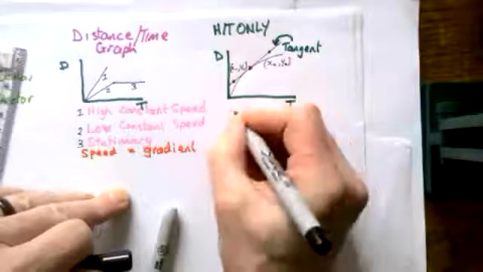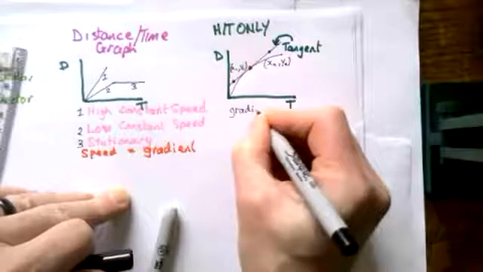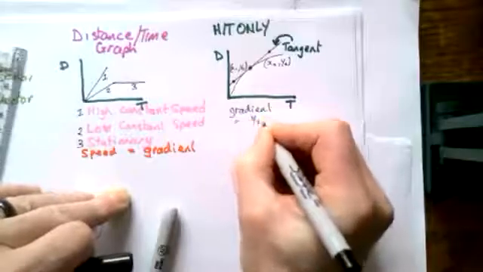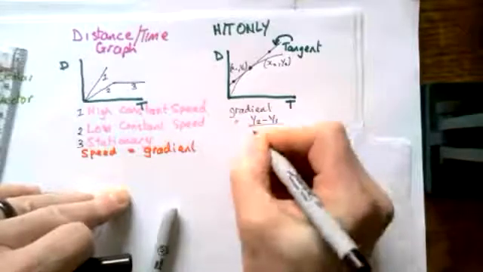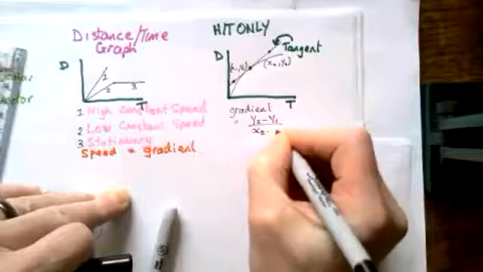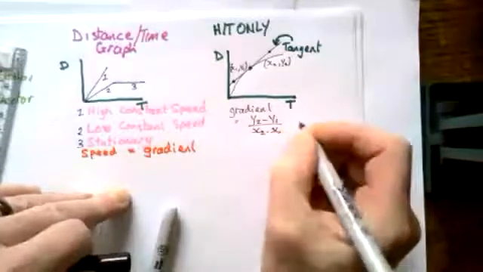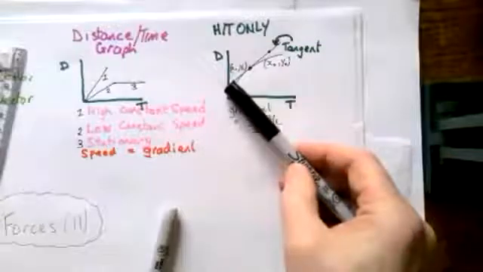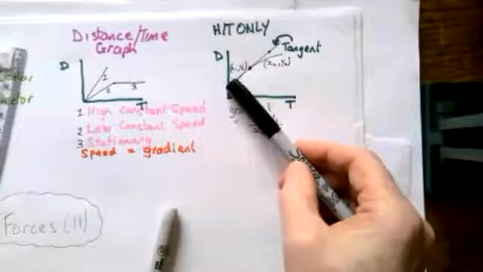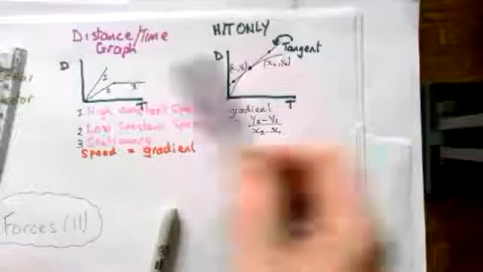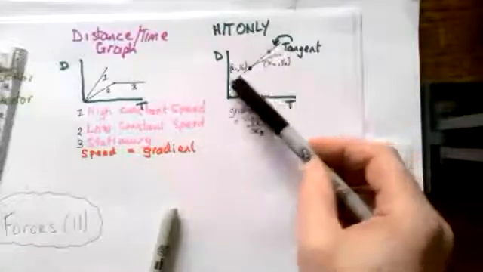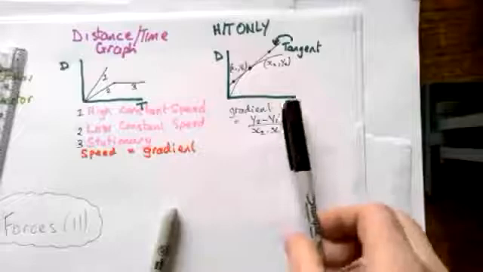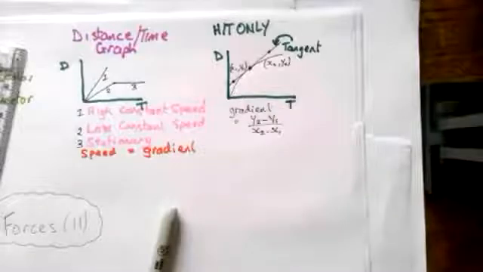And therefore, the gradient is equal to the difference in the y values, so y2 minus y1, over the difference in the x values. Mostly you might just get it intersecting with one of the axes, so therefore the point becomes 0, which makes it easier to calculate. You could do that, but it doesn't matter where you choose those points, so you choose them to make the numbers nice and even. So the gradient is the change in the y value over the change in the x value.